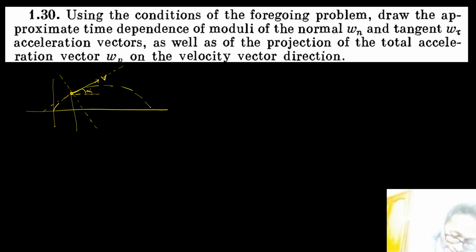The direction of g would always be downward. Now see, if this angle is alpha, this angle is 90. How much is this angle? Alpha plus 90 plus x is equal to 180 degree. So x is equal to 90 minus alpha, which is alpha dash, where alpha dash is nothing but 90 minus alpha.